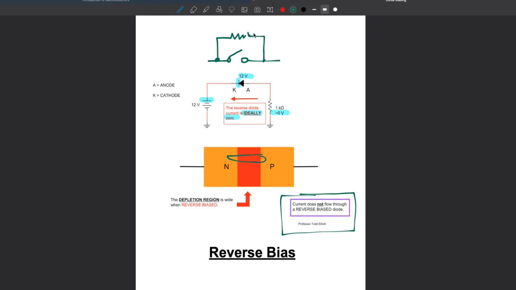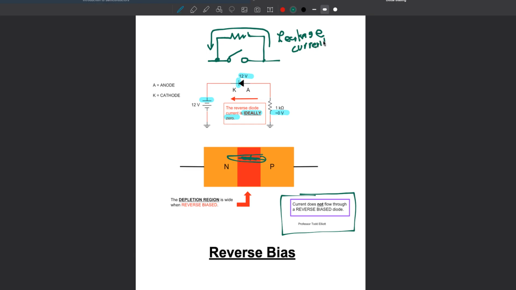Practically though, this current isn't exactly 0 because of the doping of the semiconductor, there's resistance there, so there is some leakage current that will flow through the diode just due to its inherent resistance.